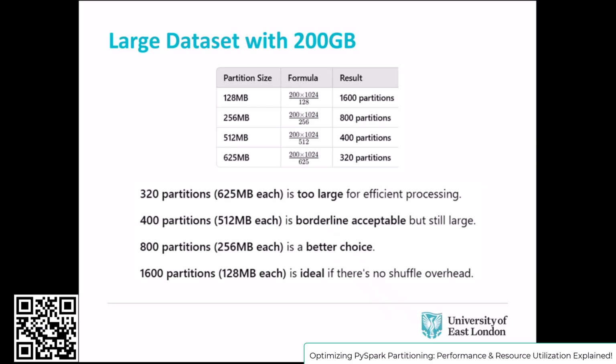If there is no shuffling, it's better to go with this one. The ideal one, 800 partitions, is the better choice because each partition comes with 256 megabytes. If you go with 400 partitions, it's borderline acceptable. I'd say 500 is somehow risky to take on, and the first one, 625, is too large.